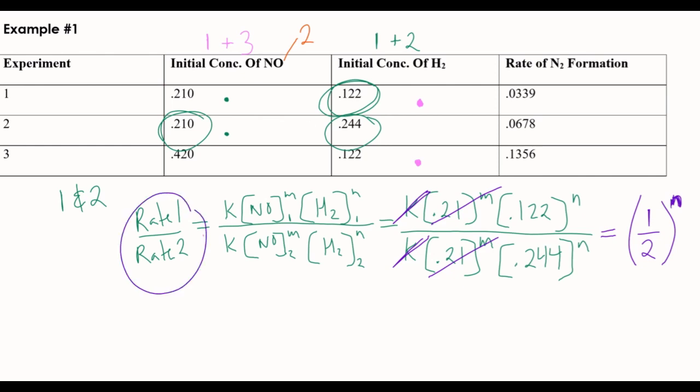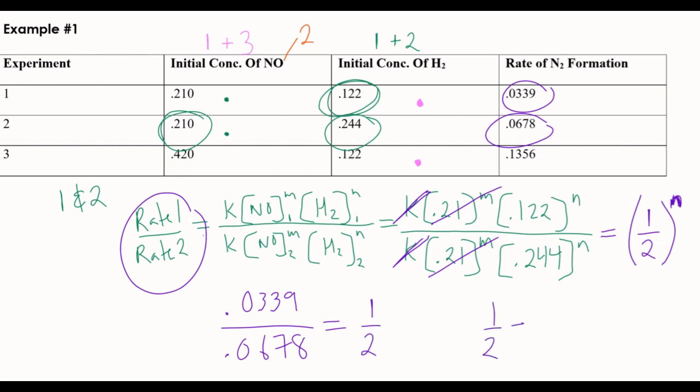So to find n, we need to look at rates 1 and 2. So we're going to take 0.0339 divided by 0.0678, which is equal to 1/2. So if 1/2 is equal to (1/2)^n, what should that n be? n is going to be equal to 1, because 2 to the first power is 2.